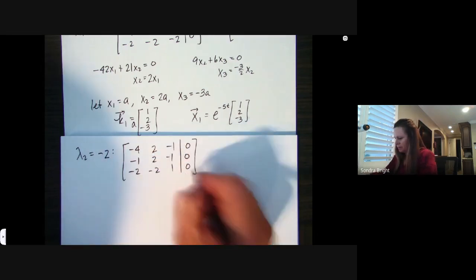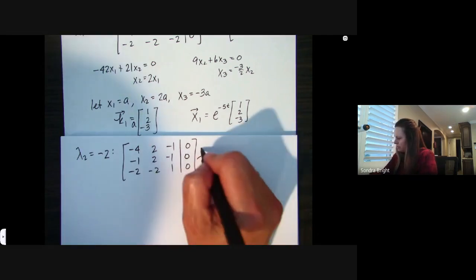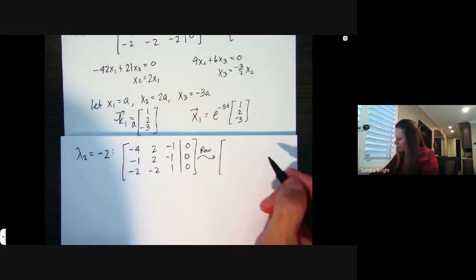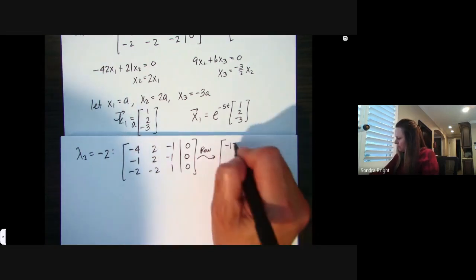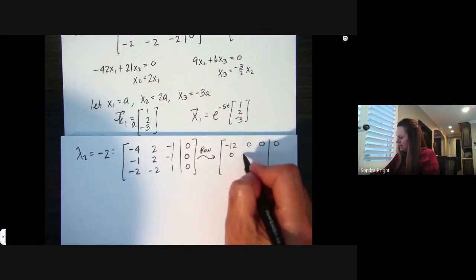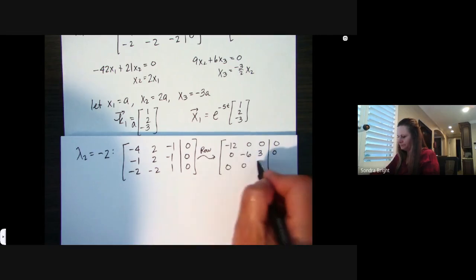And then I did 2 row operations, and I ended up with negative 12, 0, 0, then a 0, a negative 6, a 3, and a 0, and then 0, 0, 0, 0.